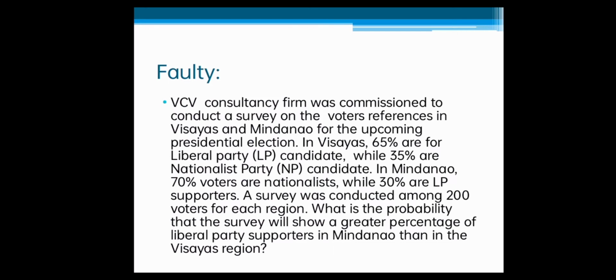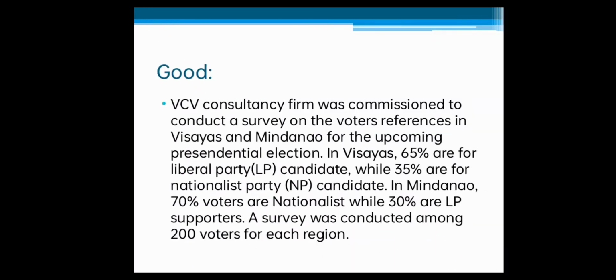So, I will read the correct or good example. VCV consultancy firm was commissioned to conduct a survey on the voters' preferences in Visayas and Mindanao for the upcoming presidential election. In Visayas, 35% are for Liberal Party candidate, while 35% are Nationalist Party candidate.